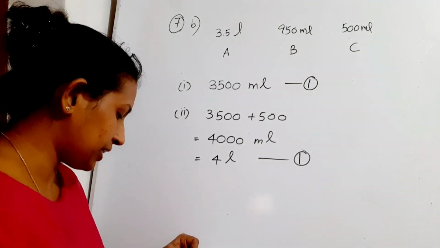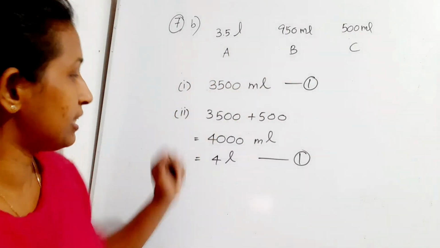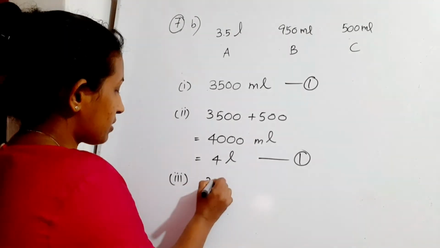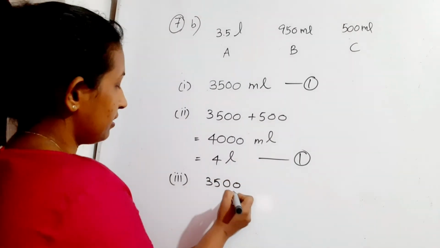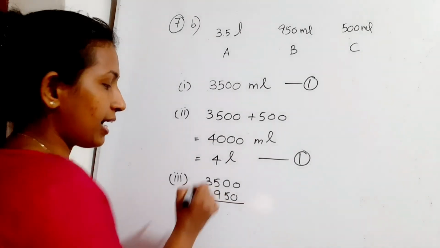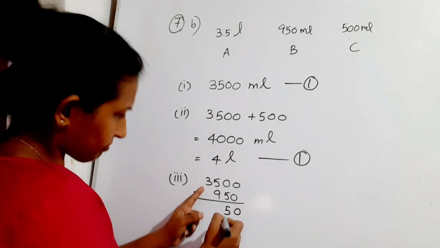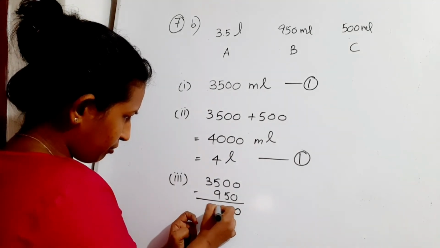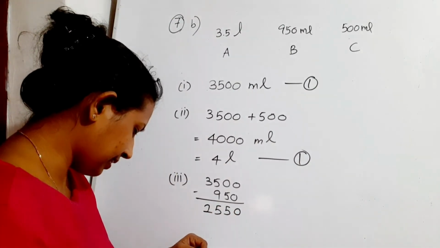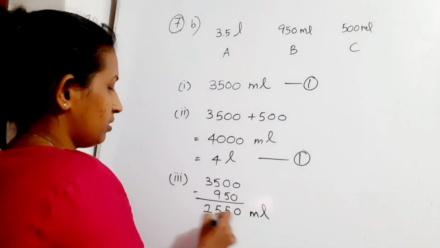What is the difference between the volumes of water in A and B? You have to subtract 950 from 3500. Subtracting it, you get 0, then 5, then 5, and 2 remaining.